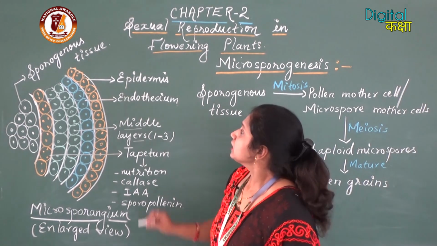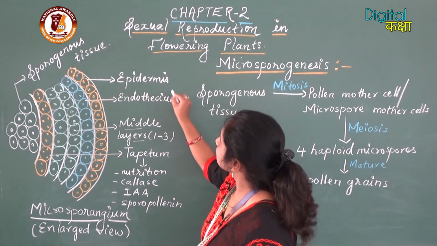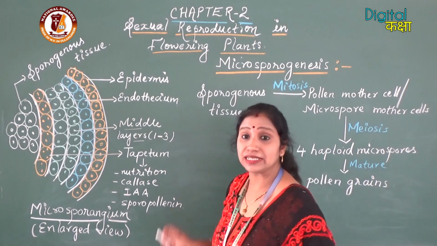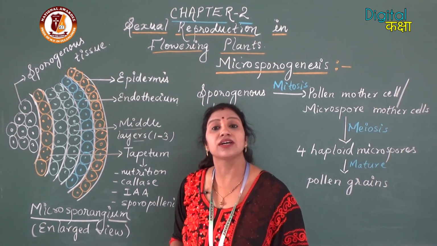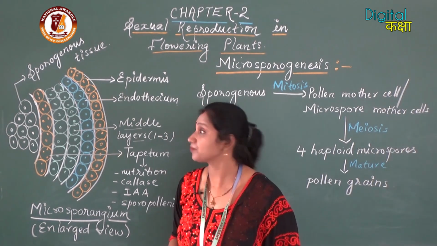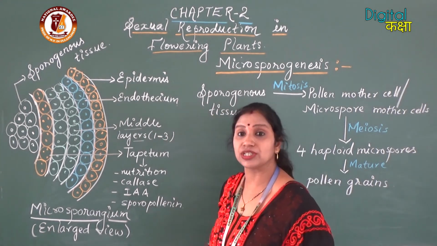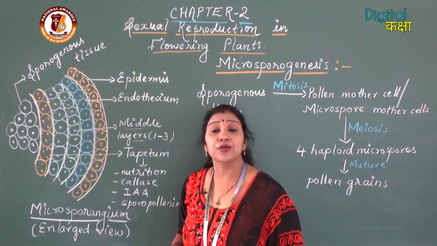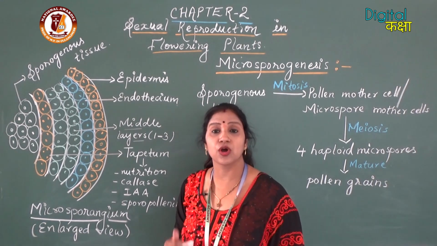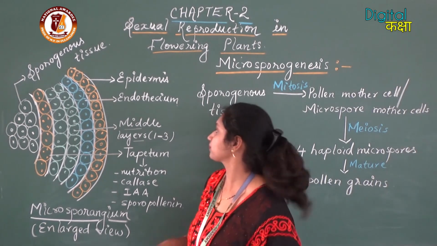These 3 layers, epidermis, endothecium and middle layers, have the function of protection. They protect the inner tissues of the microsporangium.